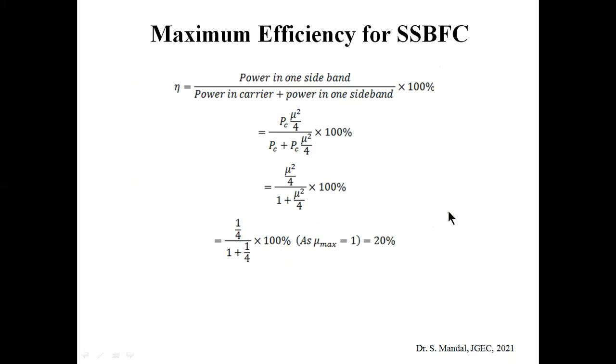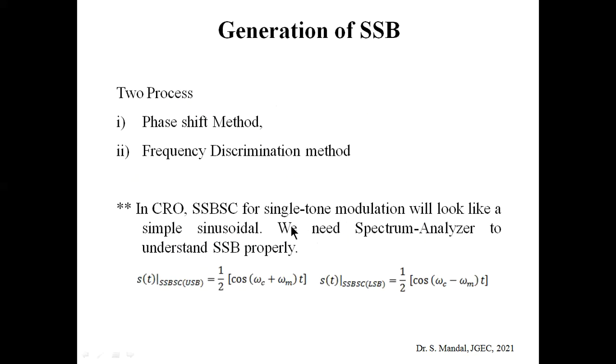Okay, and here SSB has two parts. One is for USB, and that is represented by half into cos of omega c plus omega m into t, and another is SSB SC for LSB, that is half into cos of omega c minus omega m into t.